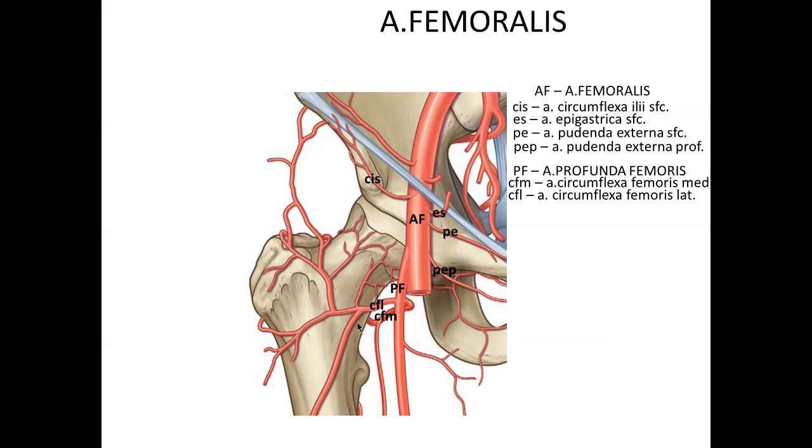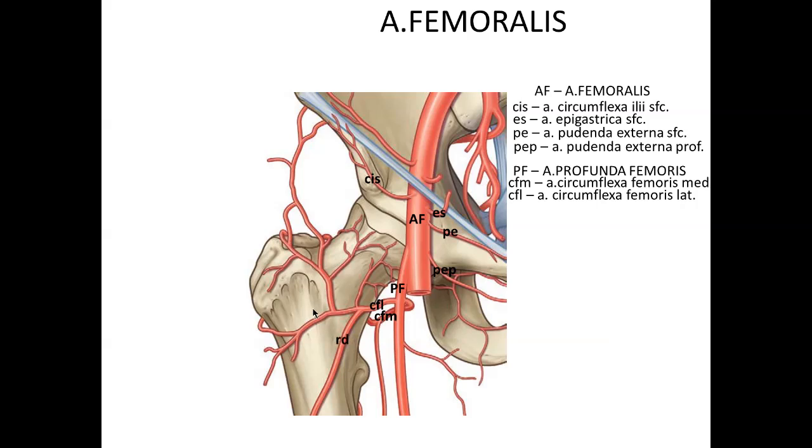So they turn around the column, the neck of the femur, and make a vascular ring around the column and the upper portion of the diaphysis of the femur.